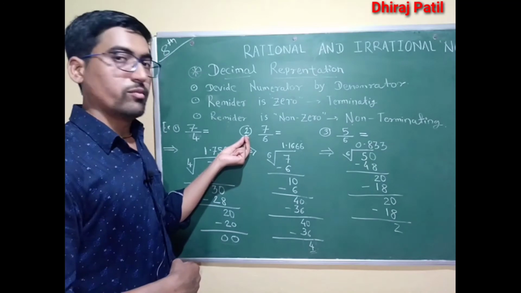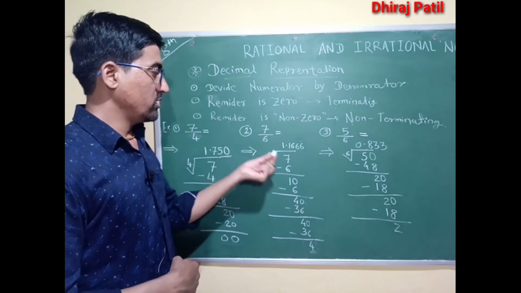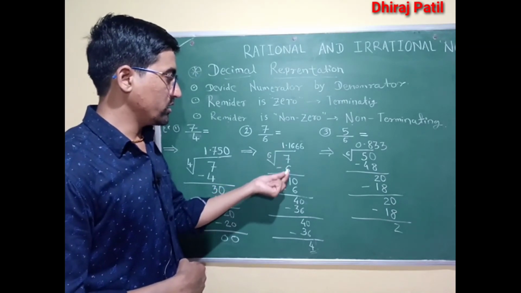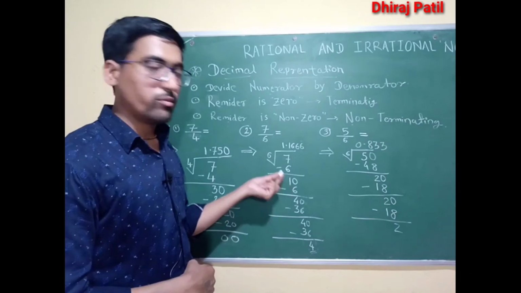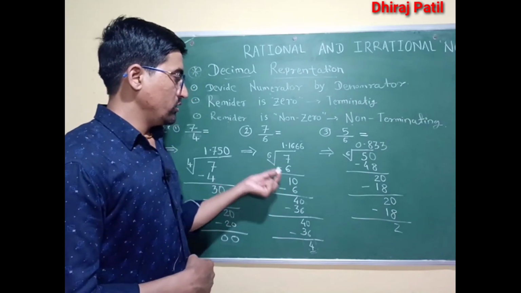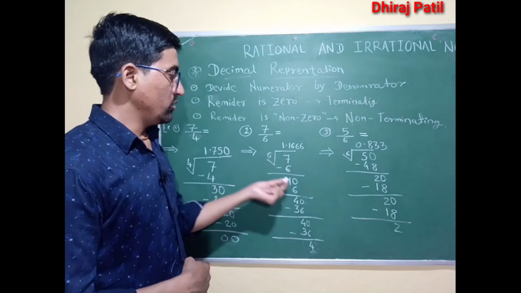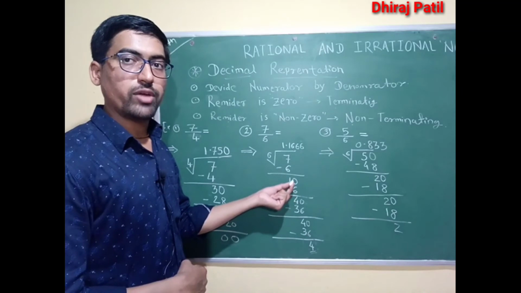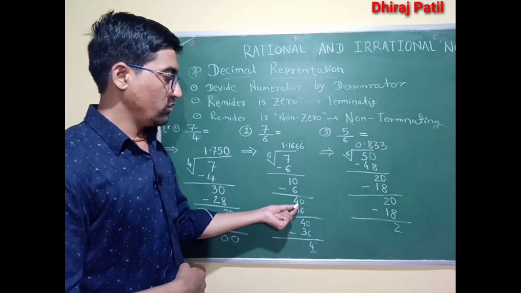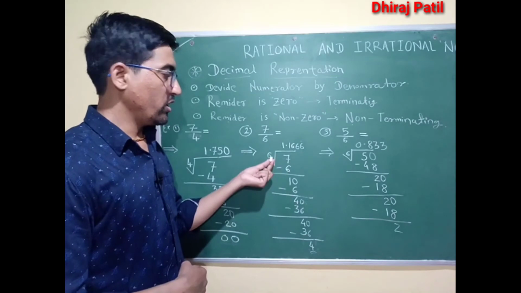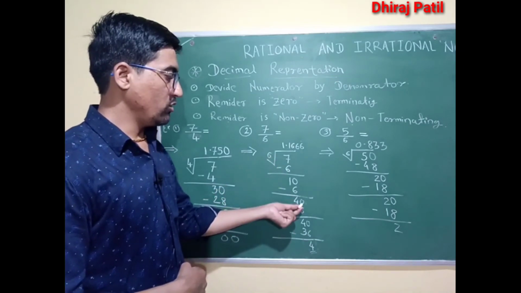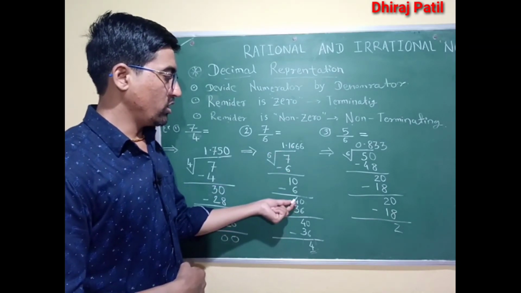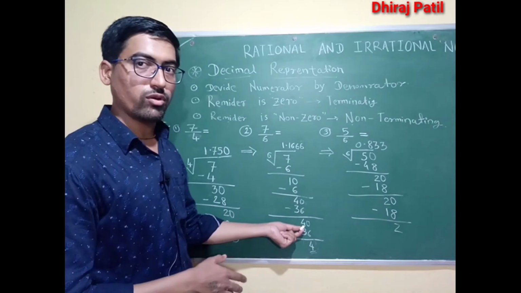Now we take the second example, 7 by 6. 7 divided by 6. 6 ones are 6. 7 minus 6 is 1. 1 is not divisible by 6, so we take 0 and here is the point. It becomes 10. 6 ones are 6. 10 minus 6 is 4. 4 is not divisible by 6, so we take 0 and it becomes 40. 6 sixes are 36. 40 minus 36, the remainder is 4.